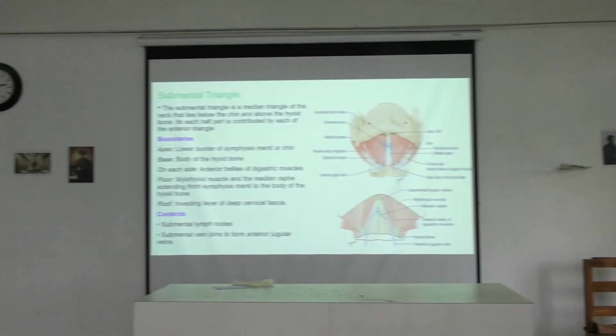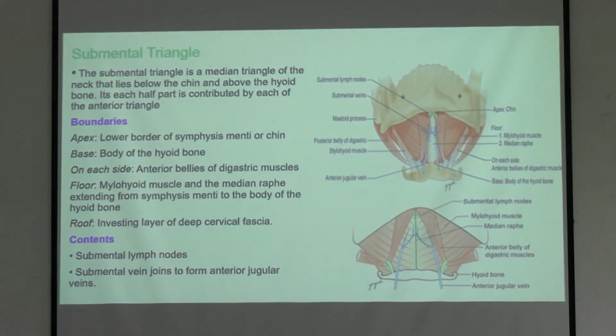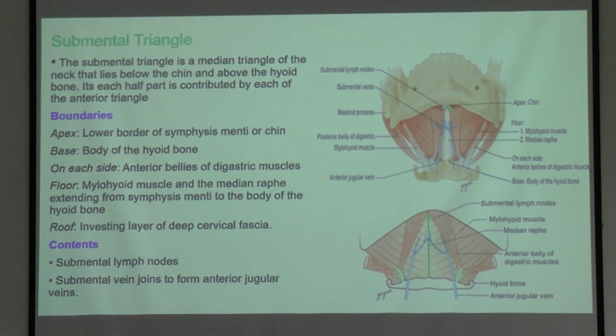And we can see their boundaries, their floor, formation of floor, and the contents, one by one. In short, this is the submental triangle we can get.